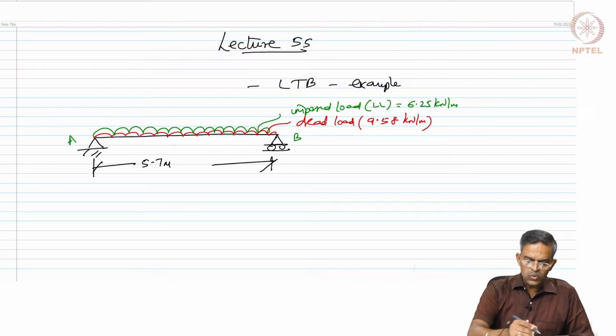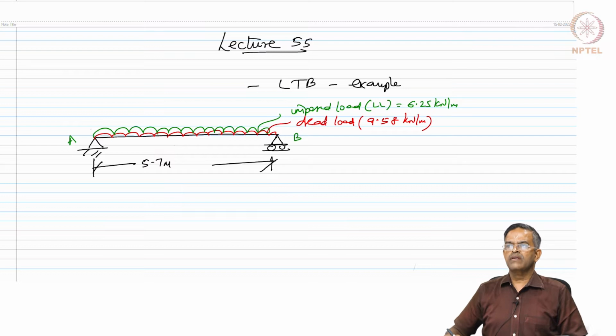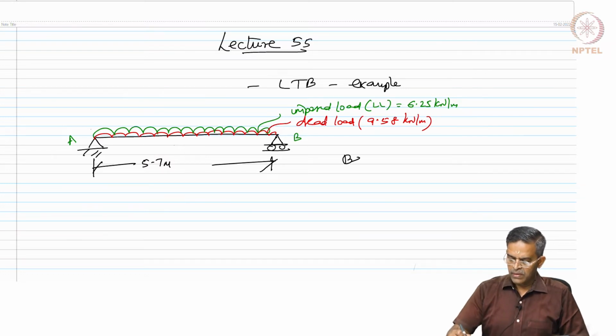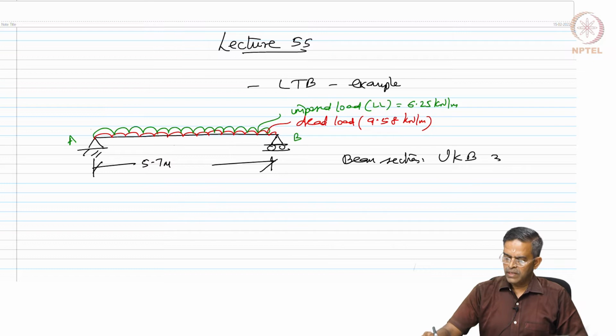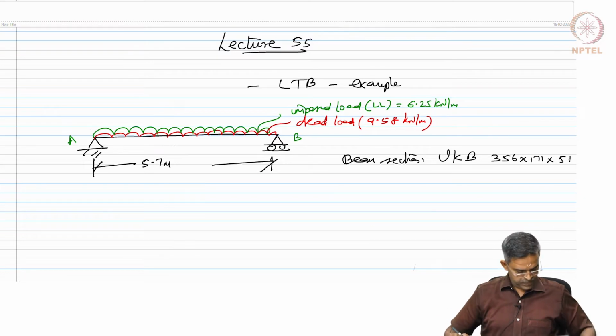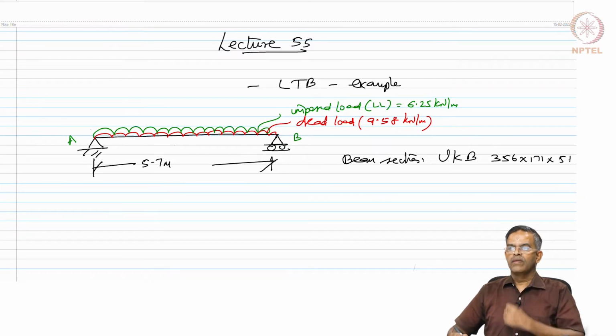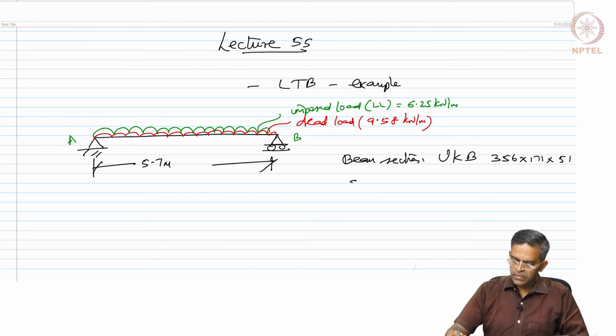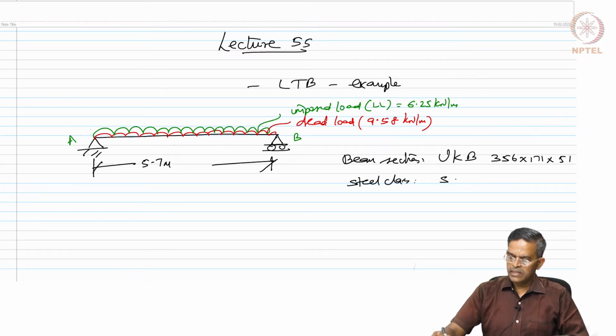Now, we are going to use a specific kind of trial beam section. The beam section we chose is UK beam 356 by 171 by 51, which is S 275 grade.